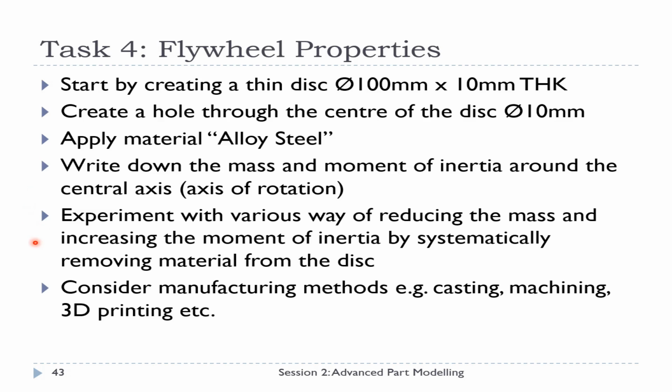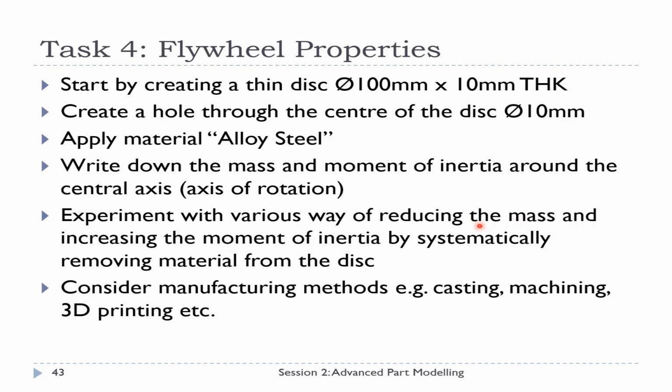Now, using the various features that we discussed earlier, try to experiment with various ways of reducing the mass and increasing the moment of inertia by systematically removing material from the disc. The initial geometry that we created is our design space. Then we will start removing material while observing the mass and the change in the moment of inertia.